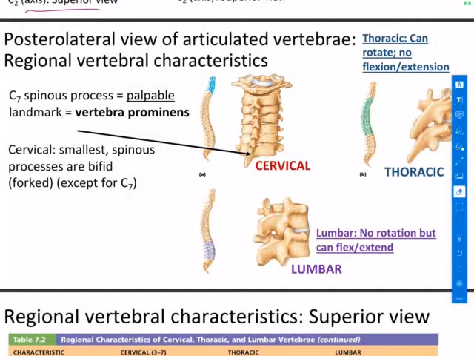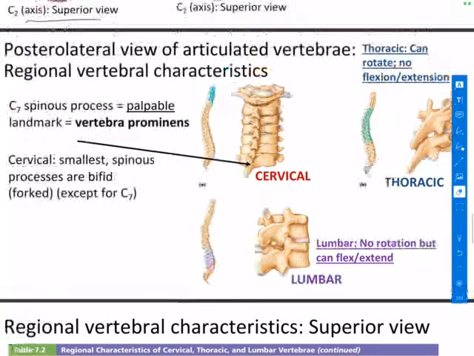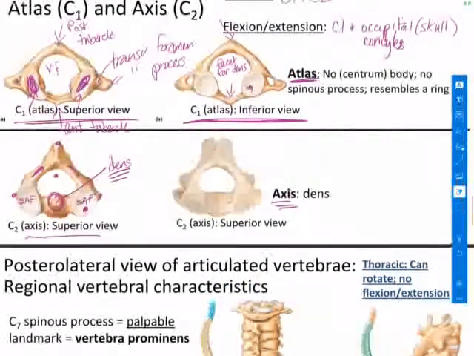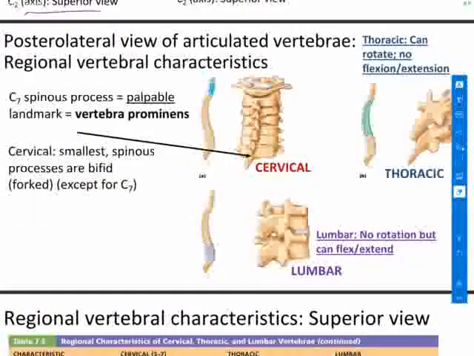And so one thing you'll notice about the cervical vertebra is that they all have transverse foramen. They all have little holes like we saw here. All of them have this transverse foramen and the transverse process. So that's one thing that makes it stand out and makes it identifiable.